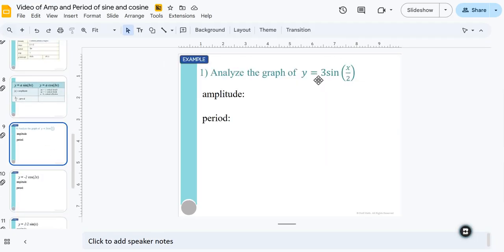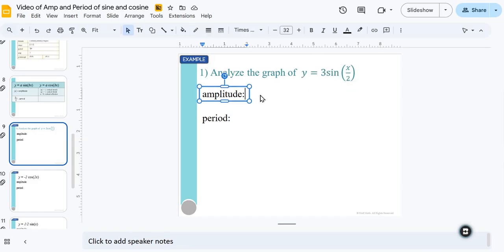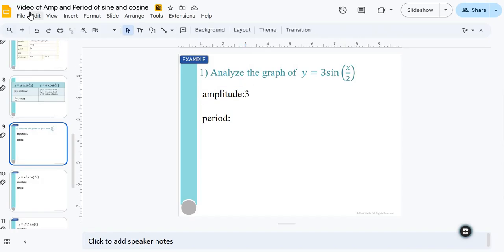So on this first one, I have y equals 3 times sine of x divided by 2. So we're going to look at my amplitude. Again, remember my amplitude is just going to be whatever that front number is. So we can just say that that's 3.